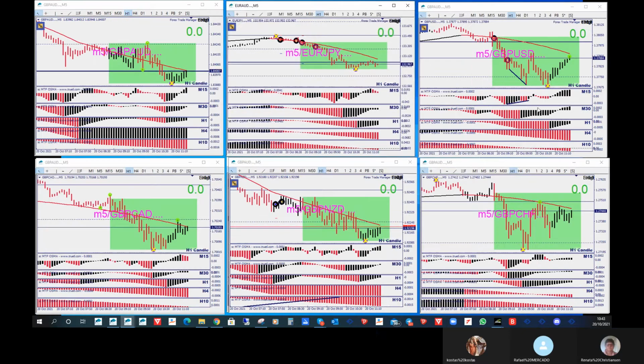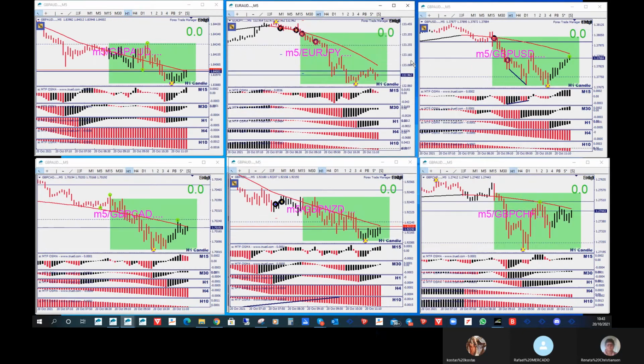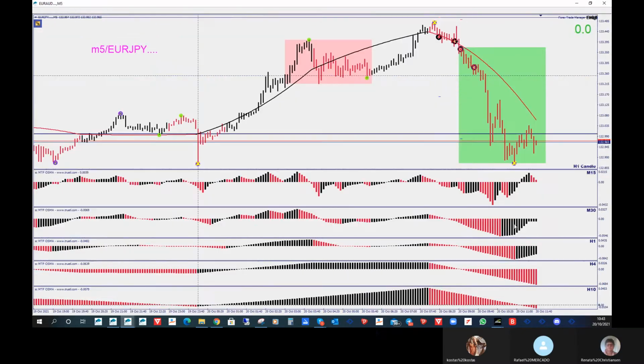If you're using the 1 hour as your high and low of the session, and you're using your 30 minute to give you a heads up when things are about to change, right?